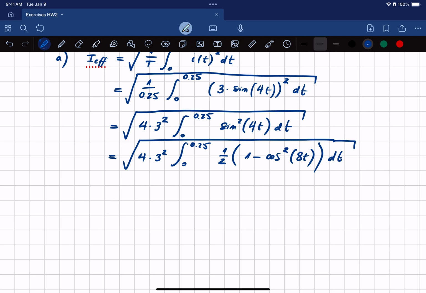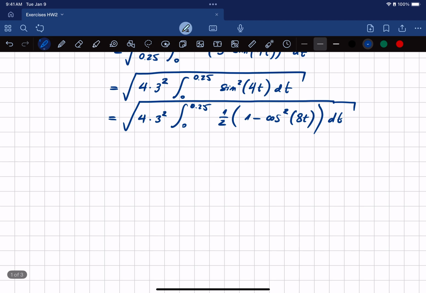So that's pretty much it. Then we can separate the integral into 2, right? 4 times 3 squared, and we're gonna have 2 integrals. Actually, the 1 over 2 can be moved out of here. 4 times 3 squared over 2.